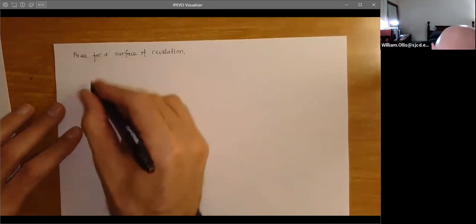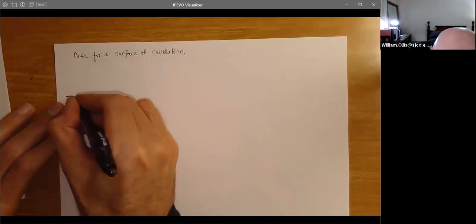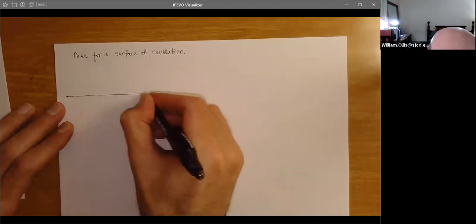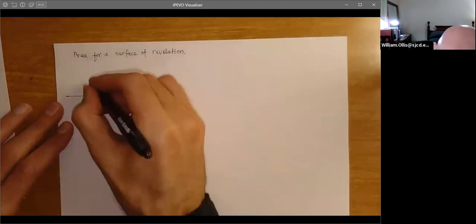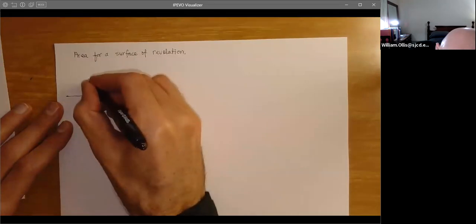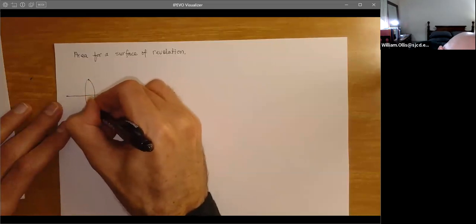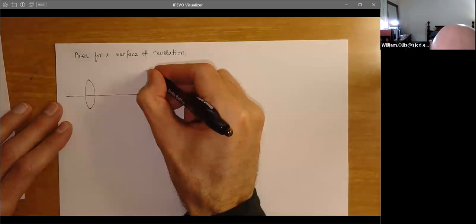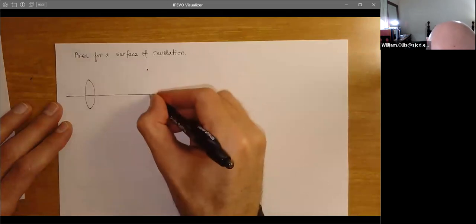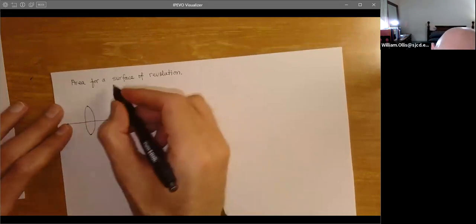So here we go. Let's take an axis of revolution. And we're going to draw in the waste paper basket, so to speak. Always draw some points so your figure will look decent.